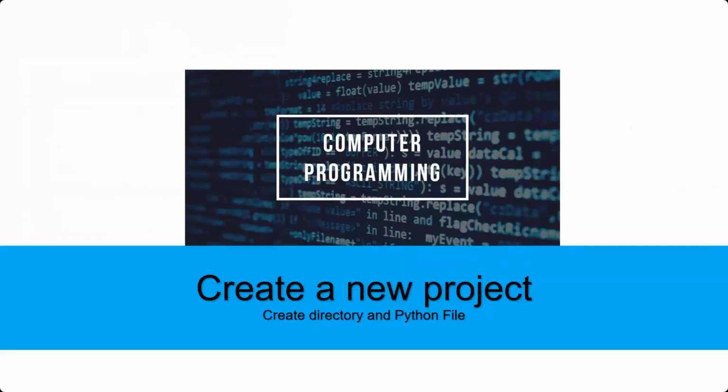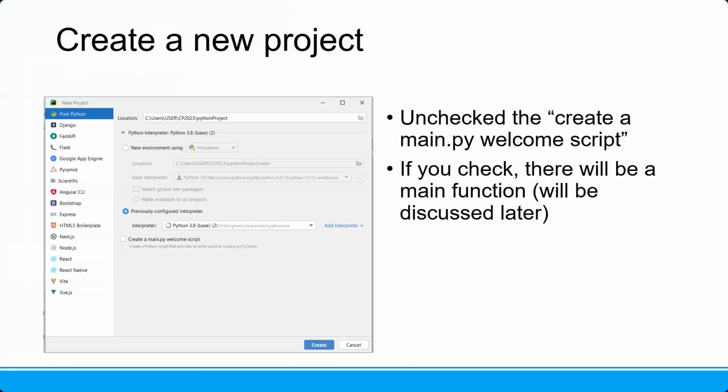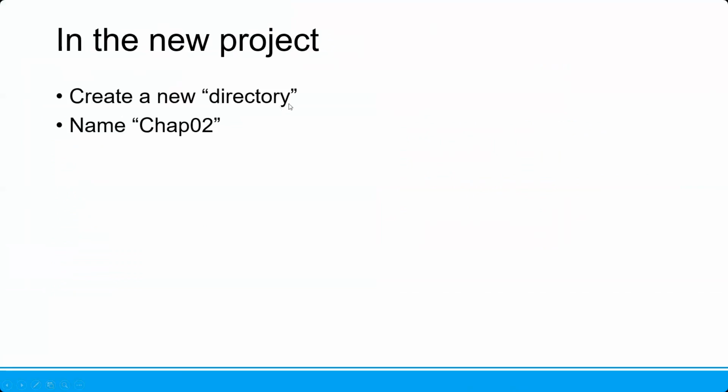Okay, now before we start the code, let's create a new project again. Maybe because you already have the project, rather than creating a new project, I would like to ask you to create a new directory. Let's put the name chapter 2.